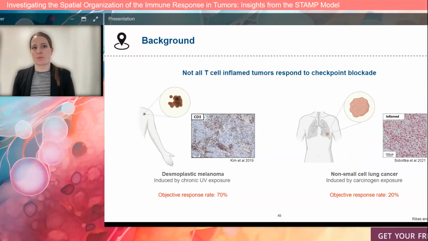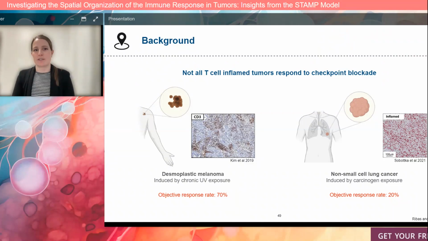So to illustrate this point another way, I've contrasted two different indications, desmoplastic melanoma and non-small cell lung cancer, which are canonically considered inflamed tumors. Both have very high tumor mutational burdens. And desmoplastic melanoma is induced by chronic UV exposure, whereas non-small cell lung cancer by exposure to carcinogens.